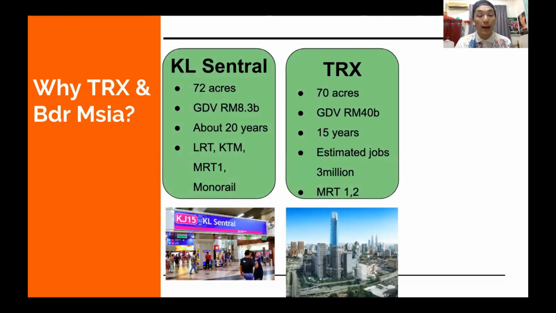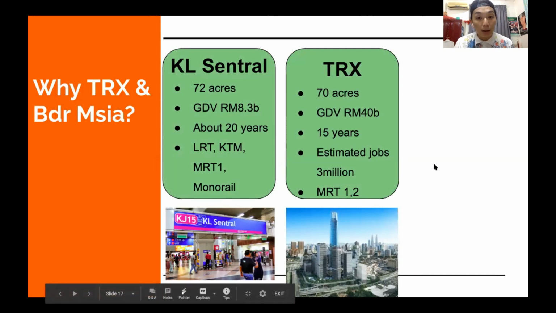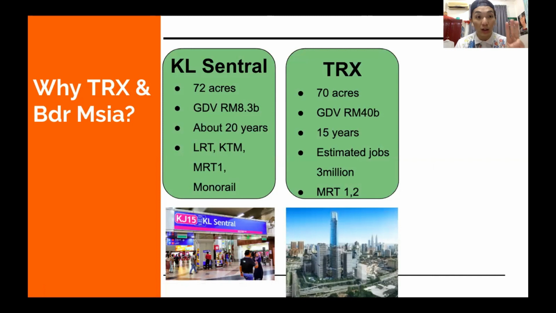Of course, because now it's already 2020. When we developed KL Central 15, 20 years ago, it was much cheaper to develop. Then estimated jobs for Tun Razak Exchange is about 3 million jobs. So Tun Razak Exchange has a lot of HQ and is also linked through MRT Line 1 and Line 2.